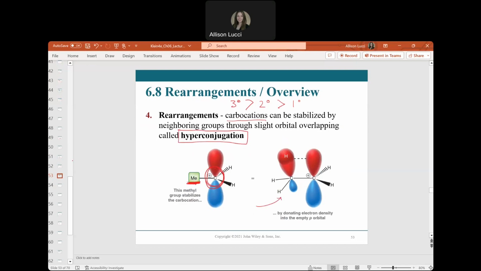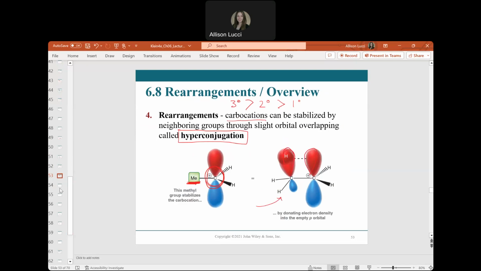If we expand that methyl group, we'll see that this electron cloud up here, this slight overlap of orbitals, is actually stabilizing our carbocation. So through hyperconjugation, carbocations can be stabilized. And again, we'll see this trend of tertiary being most stable, then secondary, and primary being the least stable.